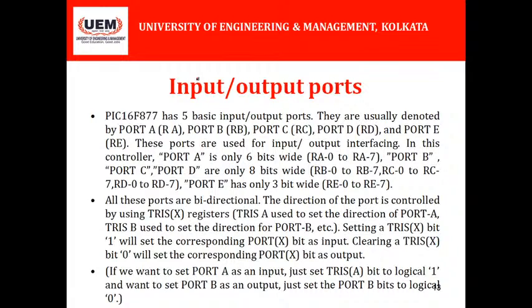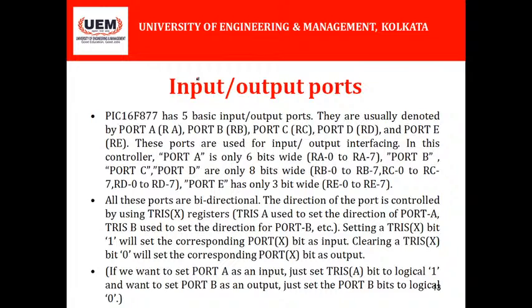If we want to set port A as input, just set the TRIS A bits to logical 1, and if we want to set port B as output, just set the TRIS B bits to logical 0. So if we want port A to be an input port, we have to set the TRIS register, and we write A in place of X, because X denotes the port.